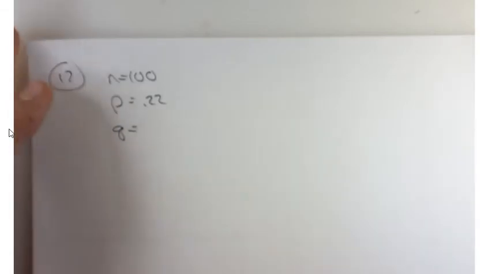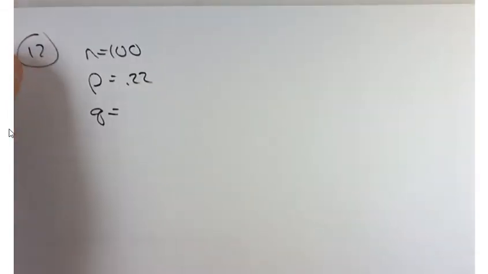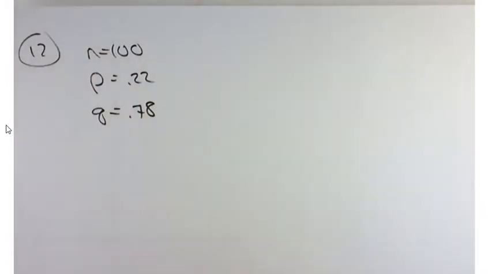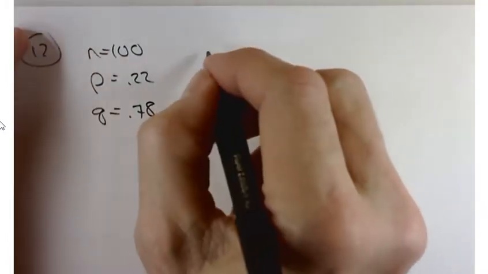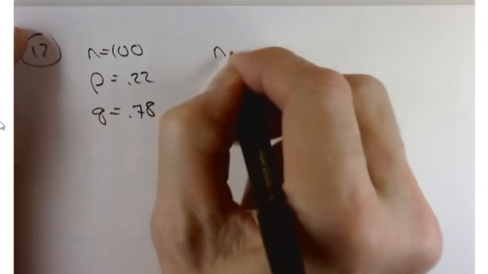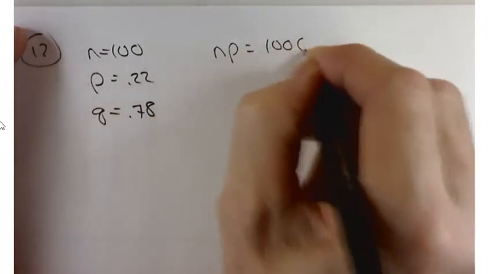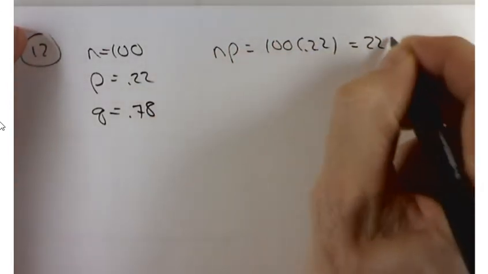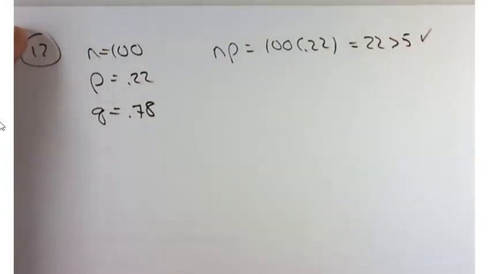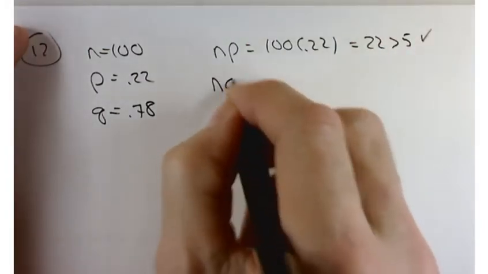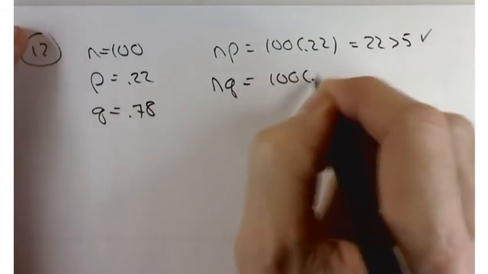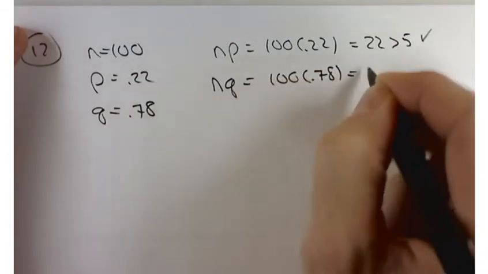What's it leave for q? 0.78. Good, it's 0.78. And this is a pretty easy calculation. np, 100 times 0.22 is 22, and that's greater than 5, so we're good on that one. nq is likewise greater than 5.